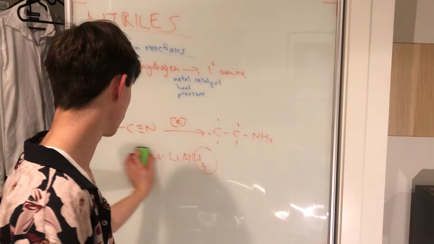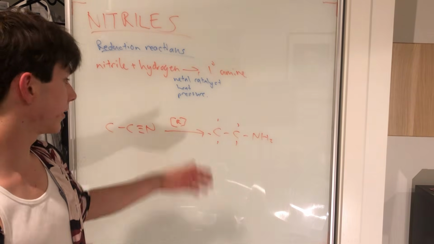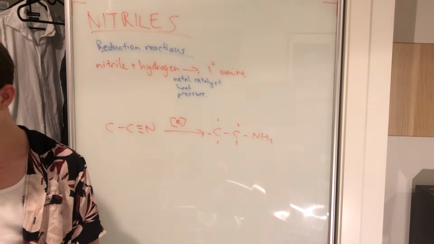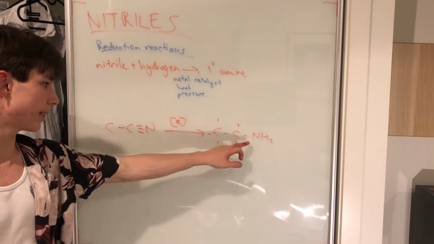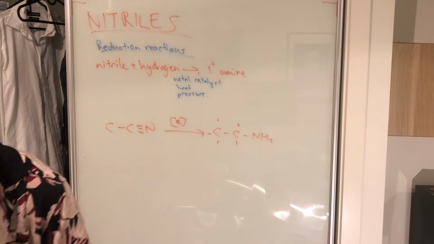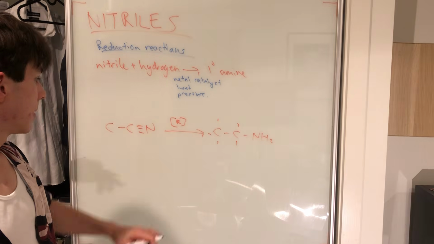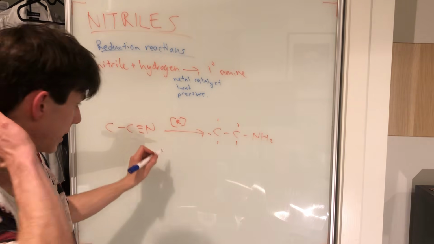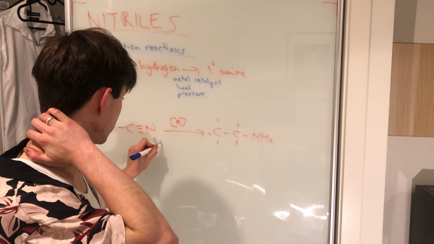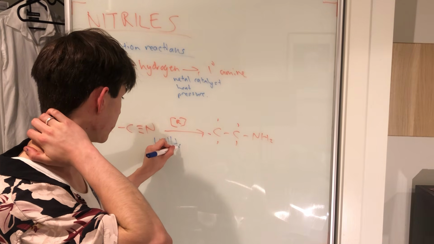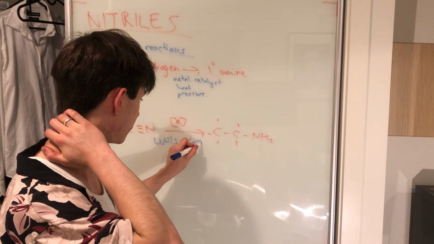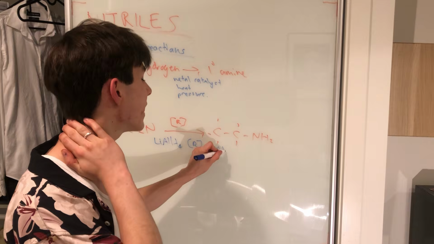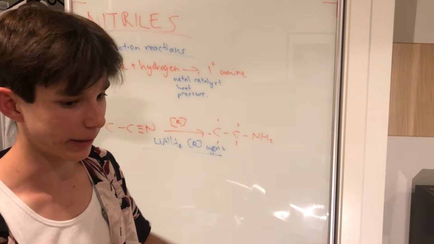So when you're describing this process, this is not a complete chemical reaction. Obviously, you can see there's atoms there that aren't there. But this is reduction using a lithium aluminium hydride reducing agent. Yeah, that's a very expensive chemical, apparently.